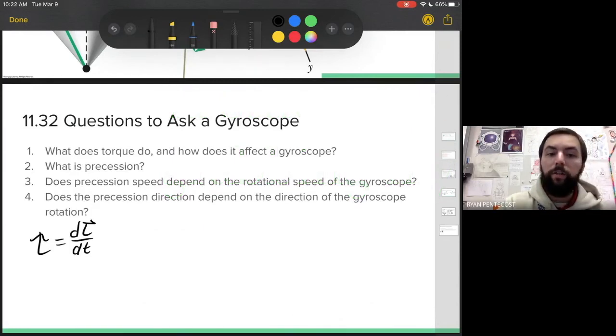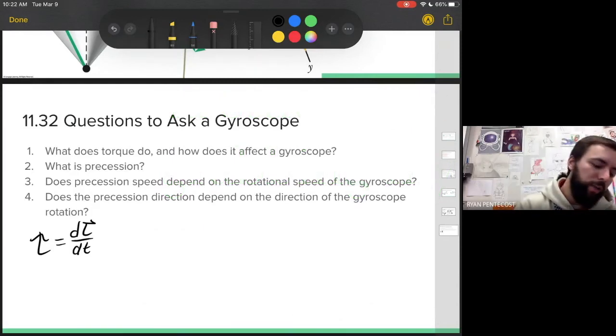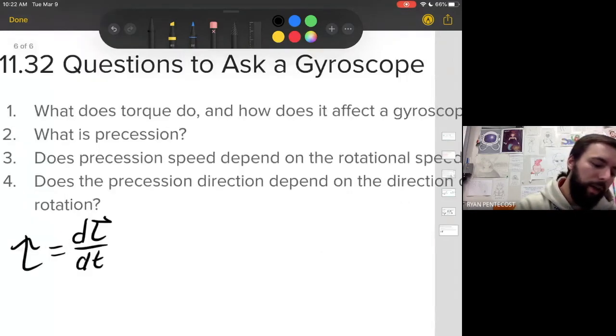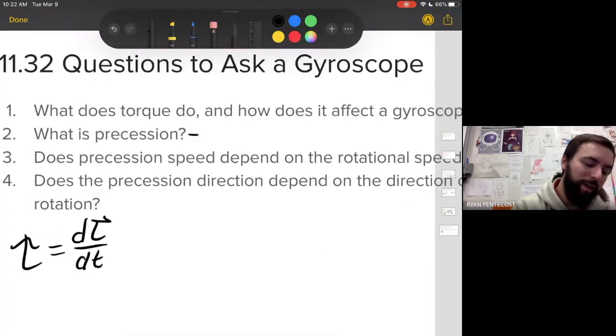Now the next question is, what is precession? So precession has a kind of complicated definition.